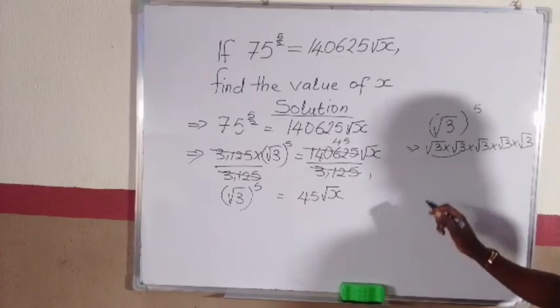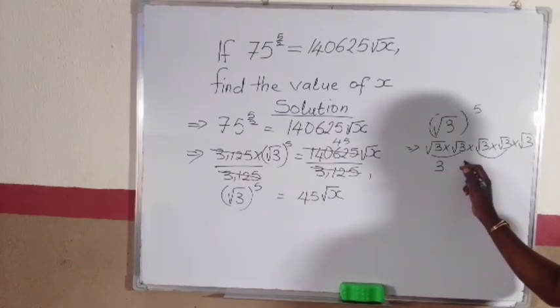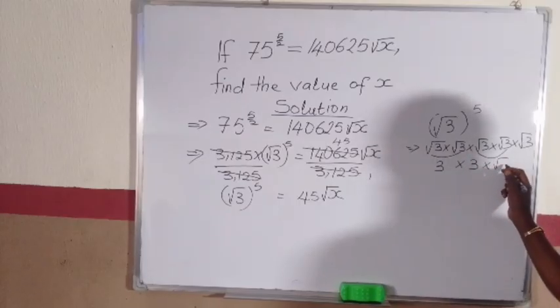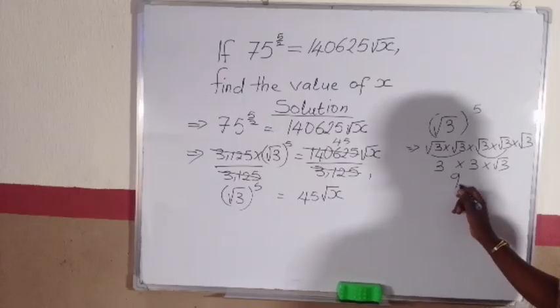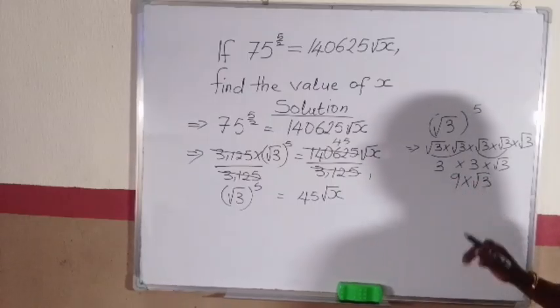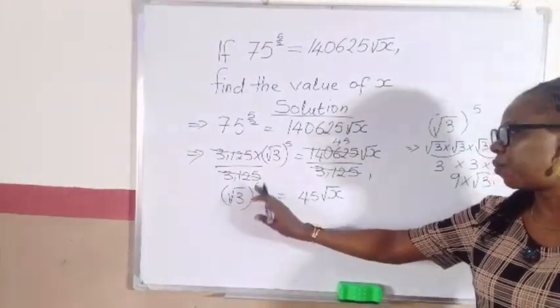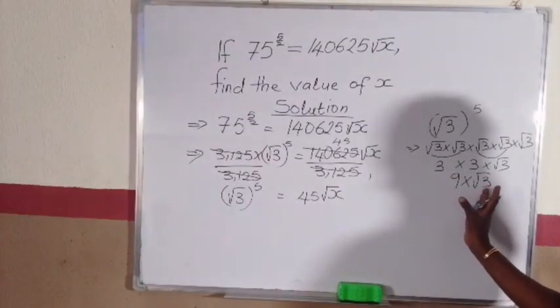Now square root of 3 times square root of 3, you have 3. Square root of 3 times square root of 3, you have 3 times square root of 3. 3 times 3, 9 times square root of 3. So this expression, square root of 3 raised to the power 5, is equal to 9 times square root of 3.